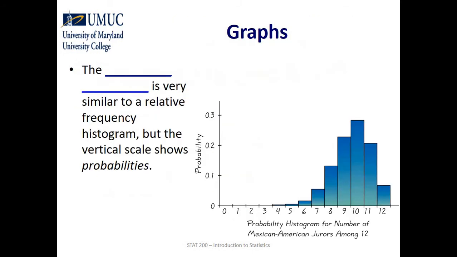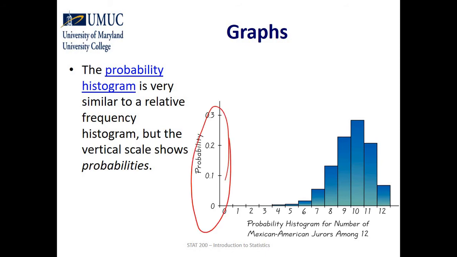We can graph the results from a random variable or a probability distribution. We can graph something called a probability histogram. This is very similar to a relative frequency histogram, but our vertical scale shows probability instead of actual count.